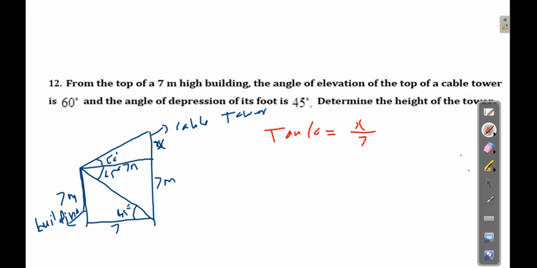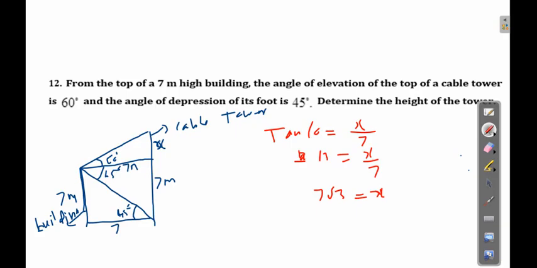And what is tan 60? It is root 3. So root 3 equals x upon 7. So x will be 7 root 3 meter. Right. And that's all. Now what we need to find is the height of the cable tower.